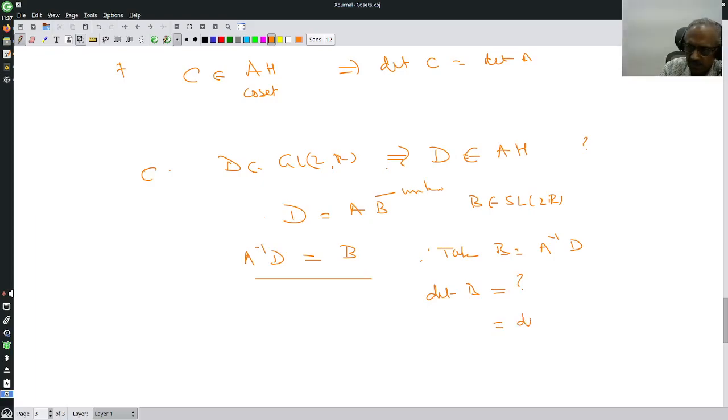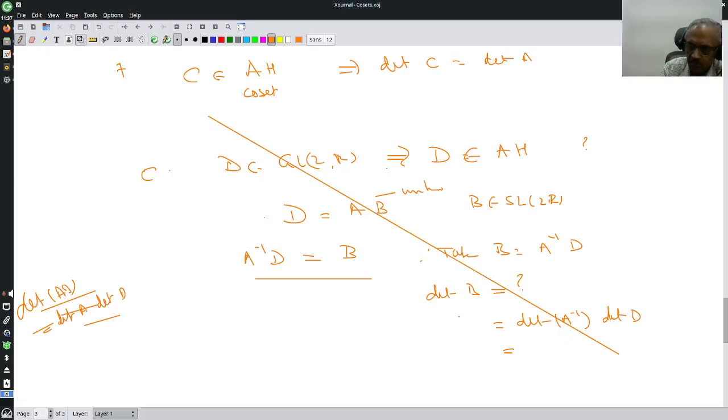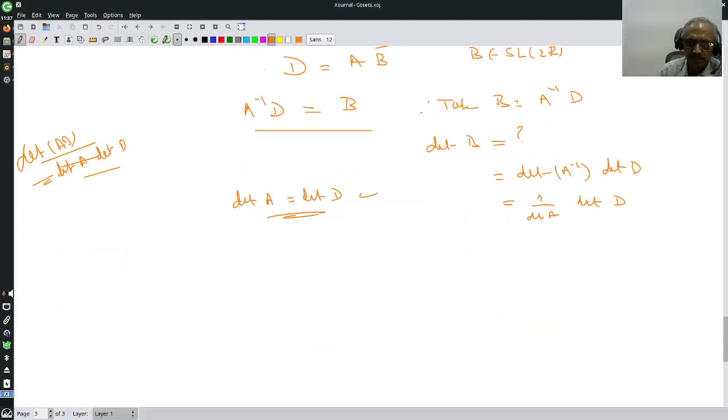Yes, because the determinant is a homomorphism: the determinant of AB is the determinant of A times the determinant of B, a multiplicative thing. Therefore this is 1 by the determinant of A times the determinant of D. That means the determinant of A equals the determinant of D. That we know.